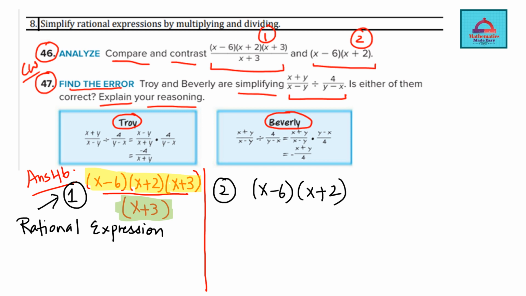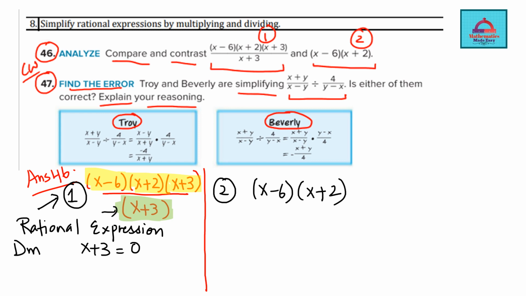Now I have a question for you before we go forward. When is this rational expression undefined? Or what is the value of x that this rational expression cannot take? For that you need to look at the denominator. So when is the denominator becoming 0? Let's find that.